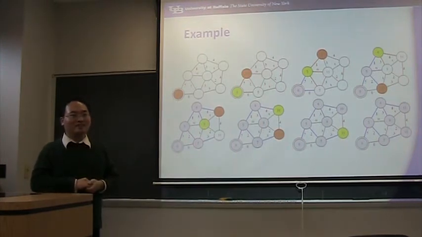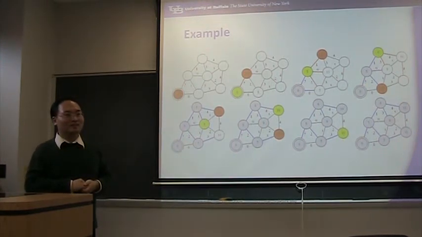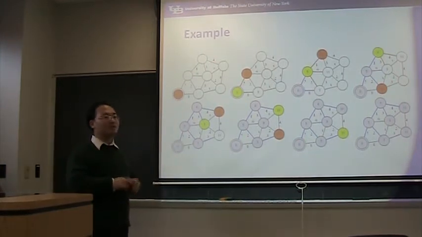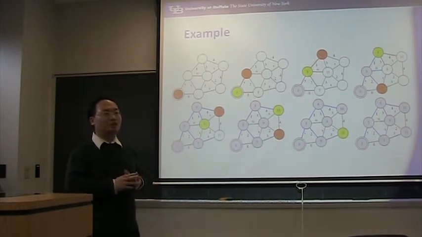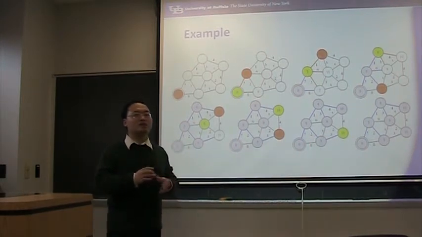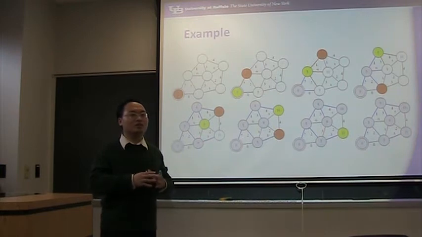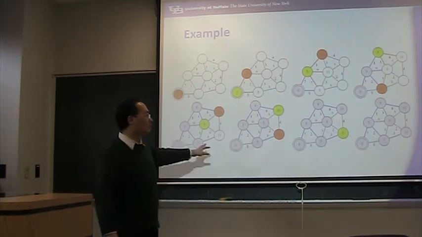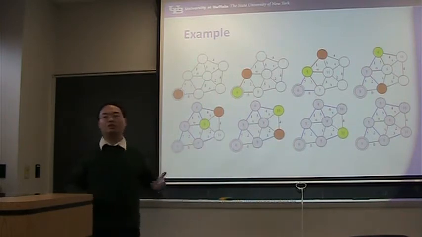And is that tree a unique tree, a unique solution? Yes. I cannot say it's a unique solution because sometimes there may be two paths with the same weight, with the same distance. It's possible. So this shortest path tree will not be unique.